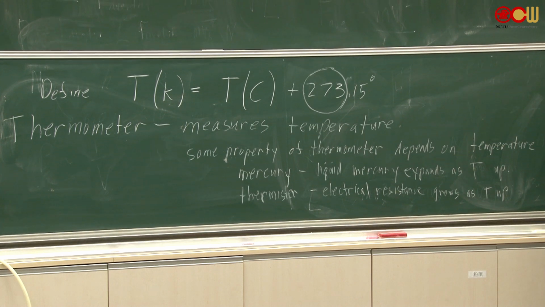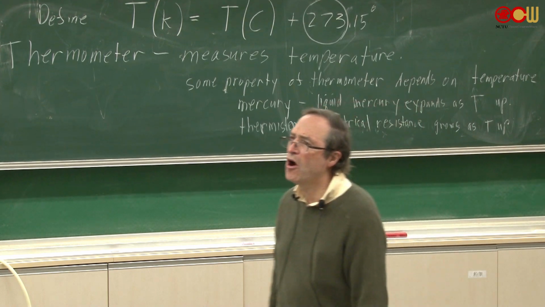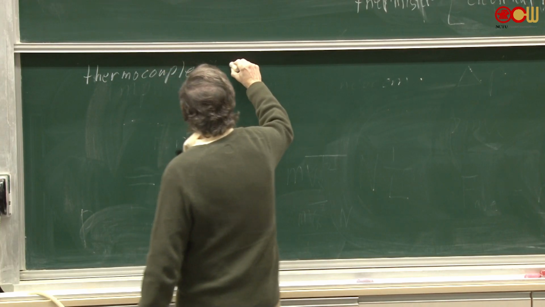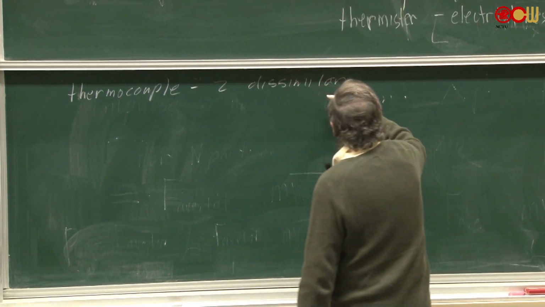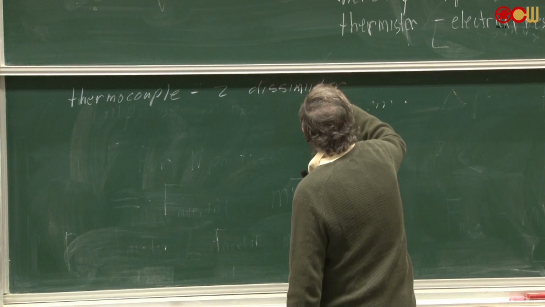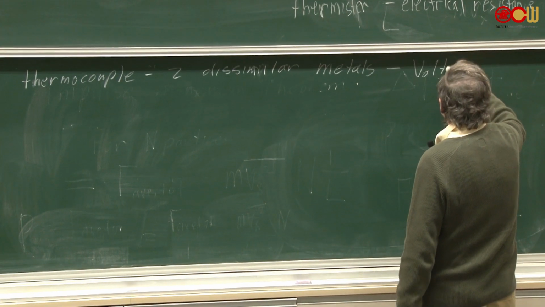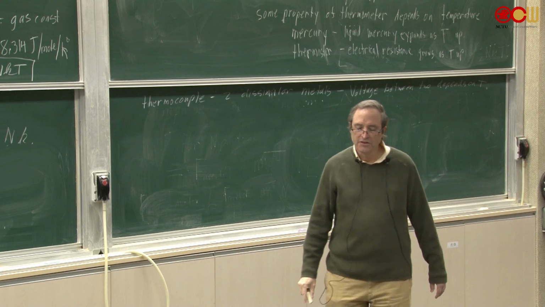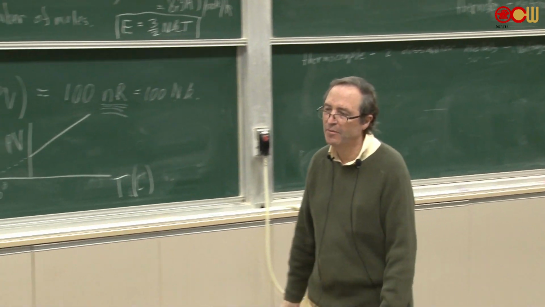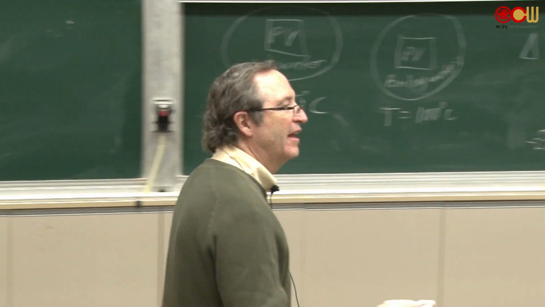Another example is the thermocouple, I think it's called. This is two dissimilar metals, and the voltage between the two depends on T. So there are many examples of thermometers. Nowadays, these digital thermometers, I don't know what they use. You can look it up. It's probably some complicated thing.